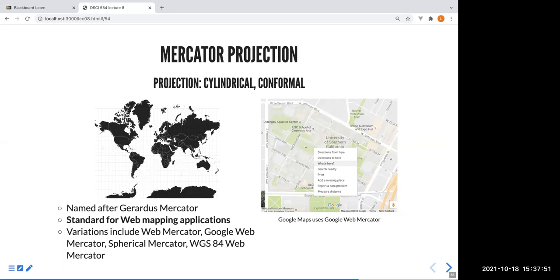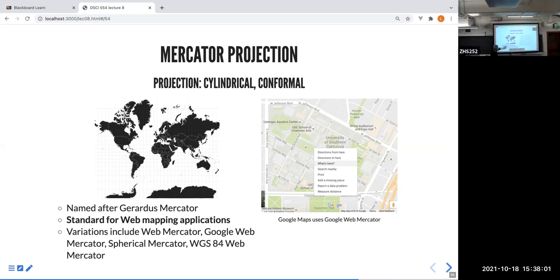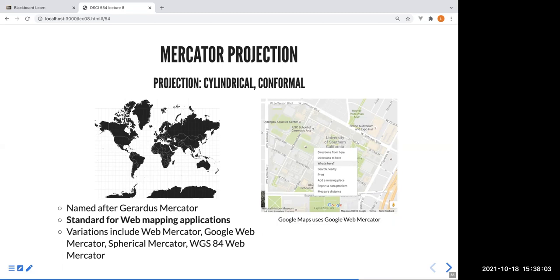So all the maps that you're familiar with, Google Maps, Apple Maps, and so on, they're using this projection with different variants, because they change the parameters a little bit. The variants include the Web Mercator, I think it's the W3 standard, and you have the Google Web Mercator that they did their own.